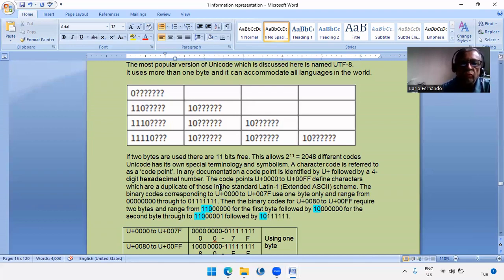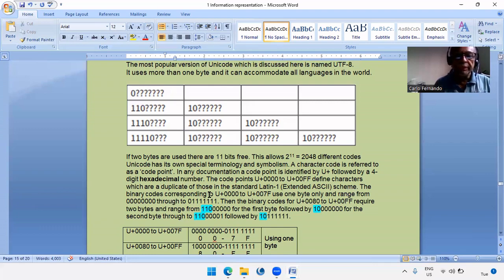These are a duplicate of those in the standard Latin 1 extended ASCII scheme. So those need not have been changed. Otherwise, there would be a problem. If the old codes were to be changed, big problem. So they were not changed in Unicode also, it's the same.